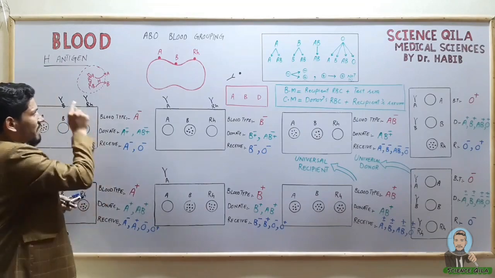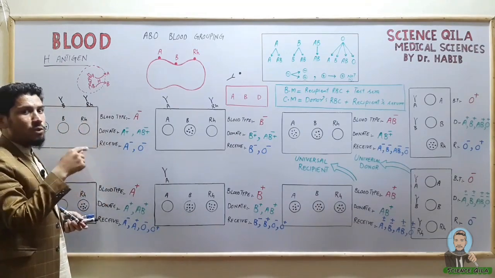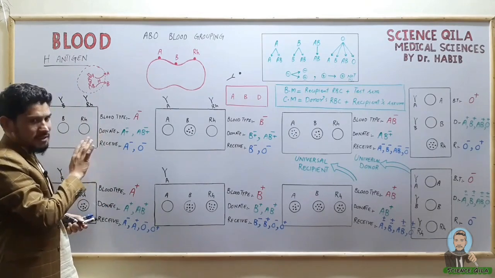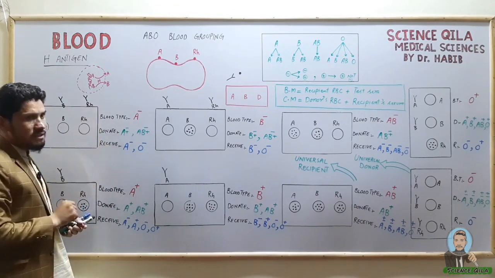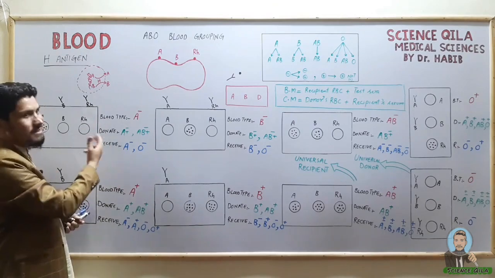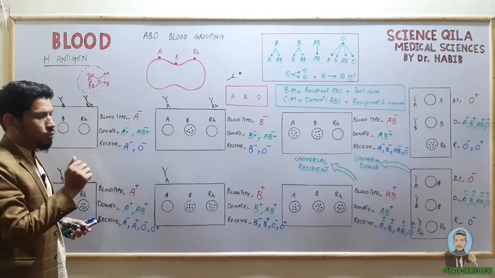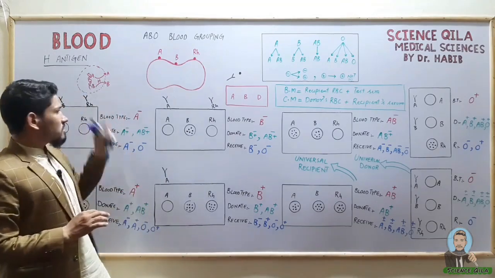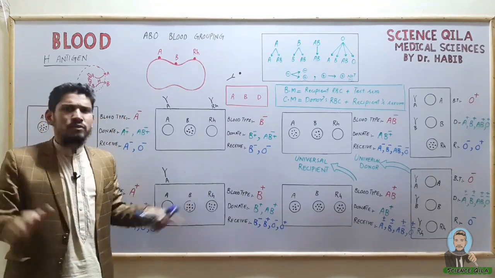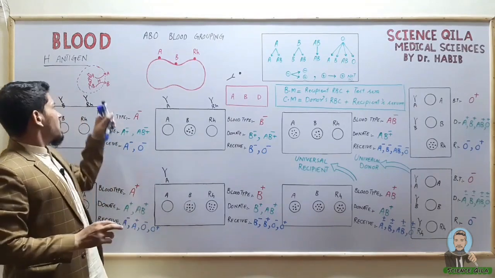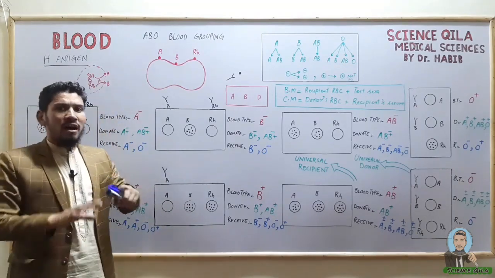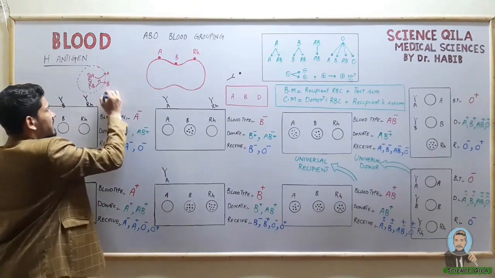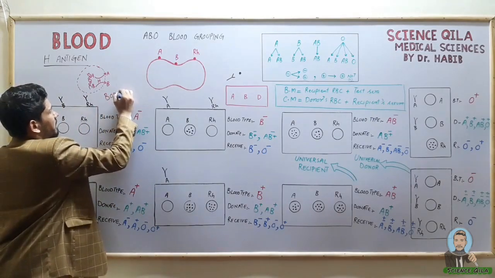Remember, if H antigen is present but there is no gene for antigen A and B, still there will be no antigen formation on the surface of RBC in spite of the presence of H antigen. So the blood type will be O. H antigen is present in all individuals, but in rare cases H, A, B, all antigens are absent, and we see that the blood type is Bombay.